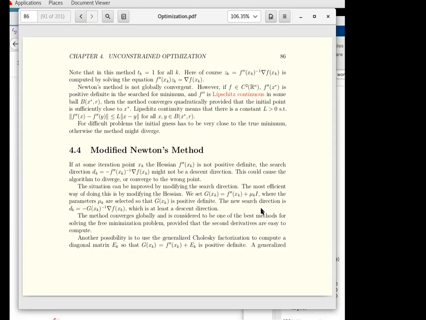So that gives us the possibility of taking advantage of both methods. As long as we're dealing with a region where the Hessian is positive definite, this modified Newton method works exactly as the original Newton method.